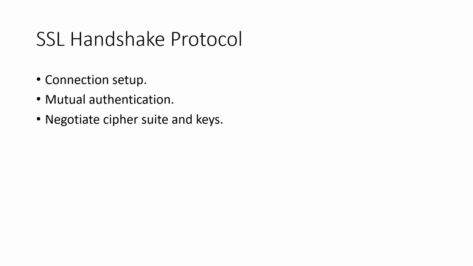It may also send its certificate for authentication and request a client certificate for authentication on this side. Then key exchange occurs via RSA or Diffie-Hellman. And once both parties agree on keys and authentication, they each send a change cipher spec message and a finished message to indicate the secure session is ready.